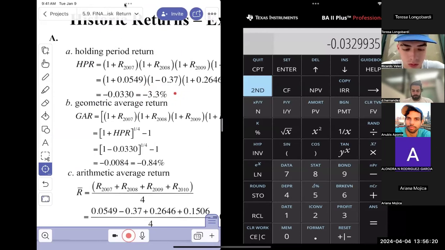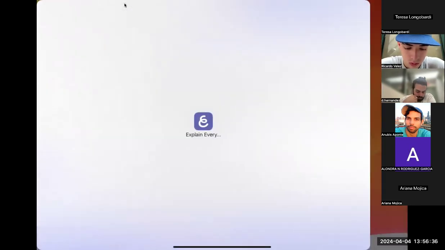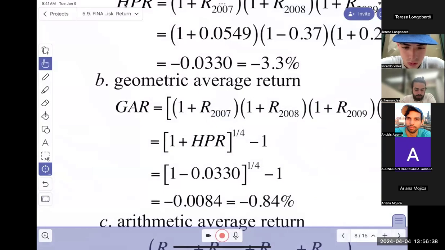Notice that this is rounded in the answers, and there's a decimal answer on the calculator screen. But I'm going to continue with this rounded amount, because now I'm going to compute the average return over the period.